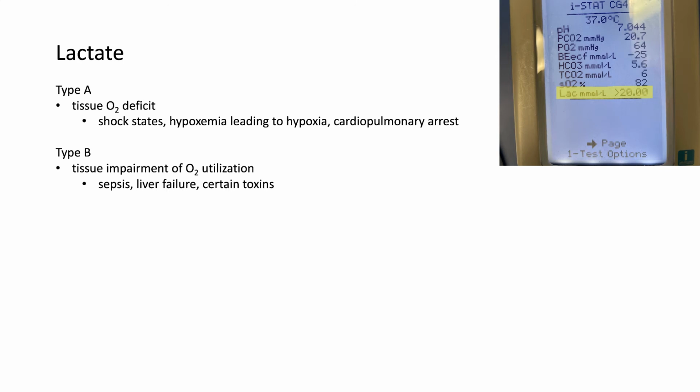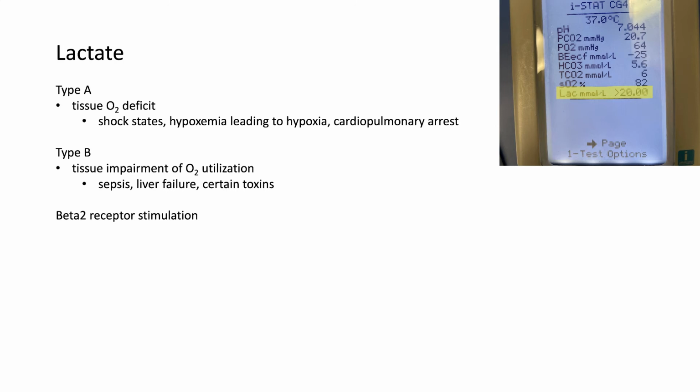A third category is catecholamines. You'll recall that catecholamines interact with beta-2 receptors. Primarily it's epinephrine, but also norepinephrine. We can see this kind of similar issue conceptually when we give a whole bunch of salbutamol to patients. We often see their lactate go up.